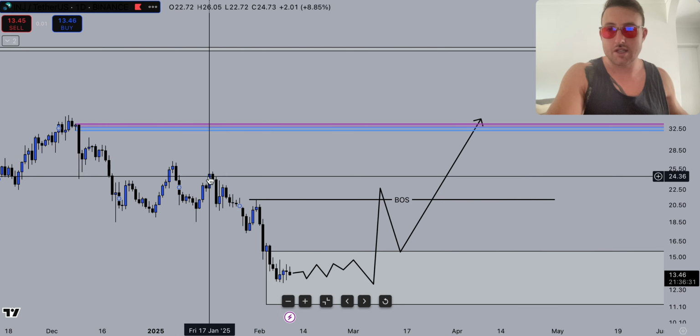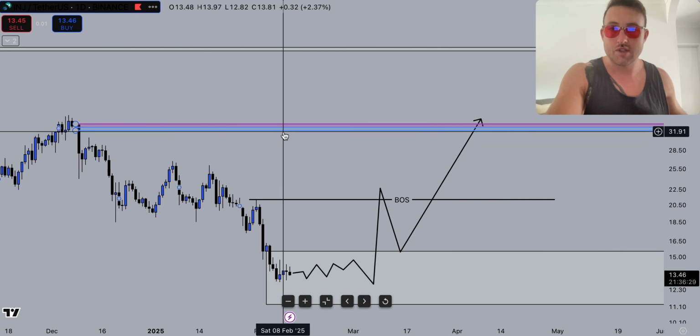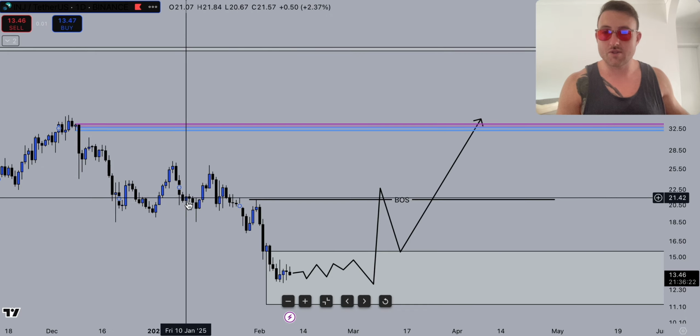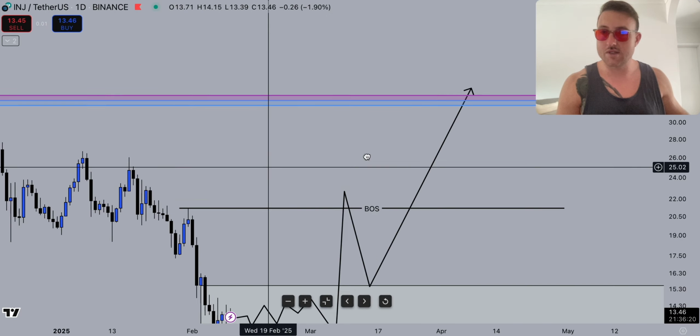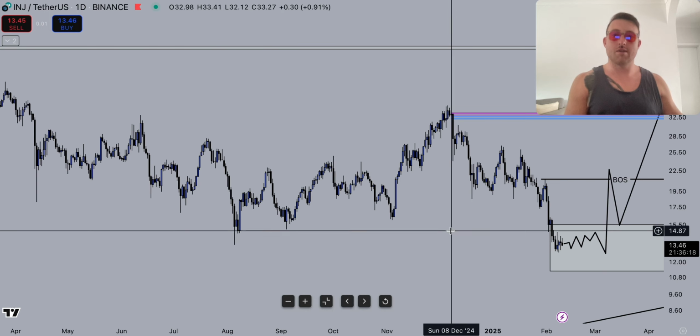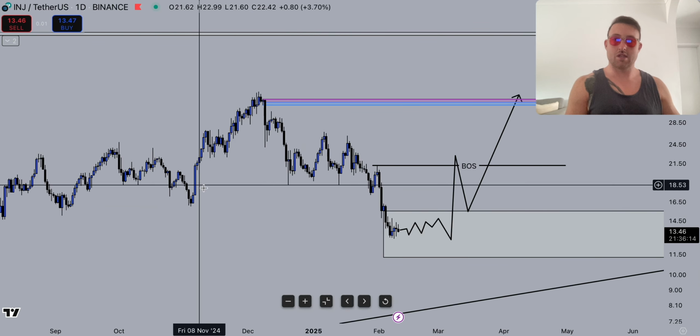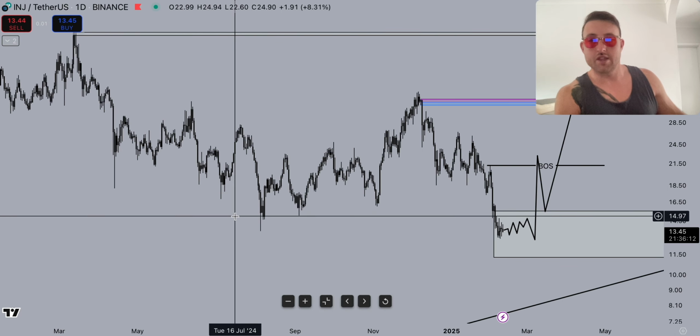It's definitely going to take this level here at $32. It's definitely going to come up because it hasn't been touched yet. All these levels do tend to get taken. So that's what I'm looking at.